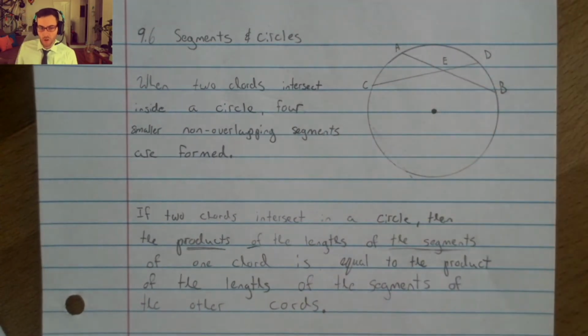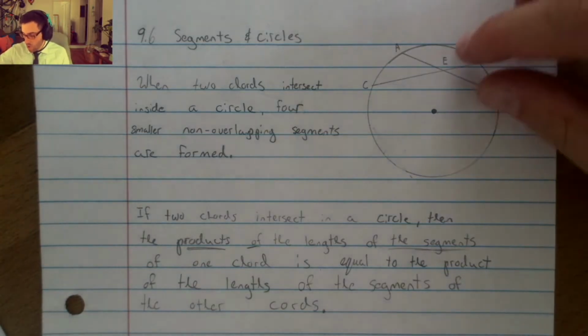With our segments and circles, when we have two chords crossing one another inside of our circle, we end up getting portions of our chords divided up.